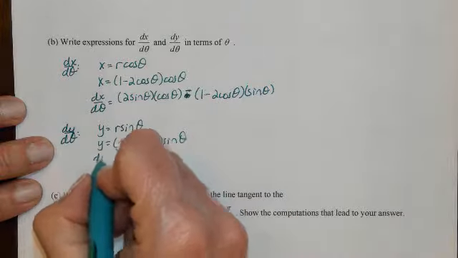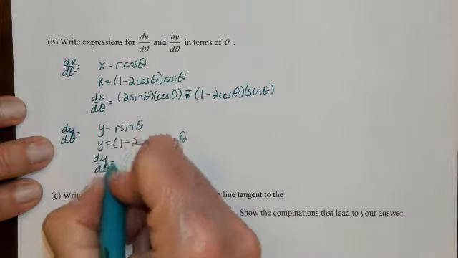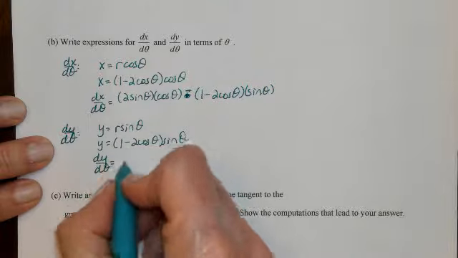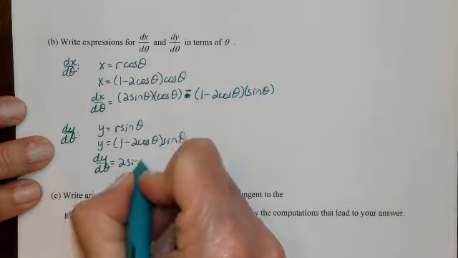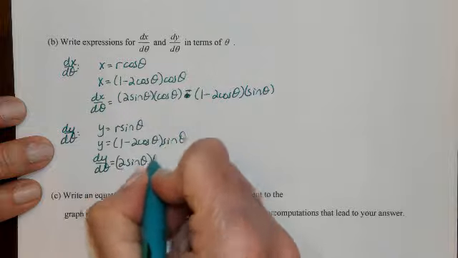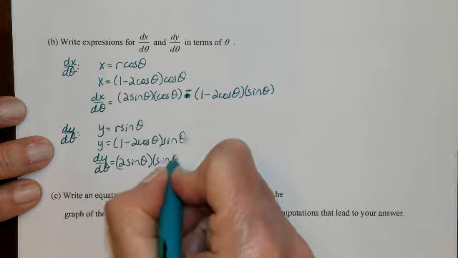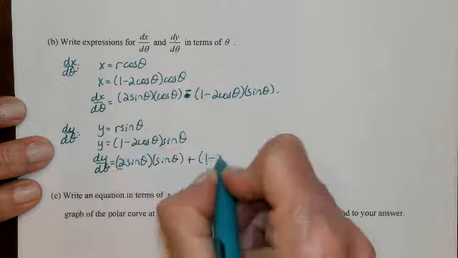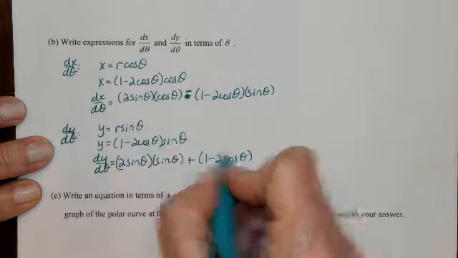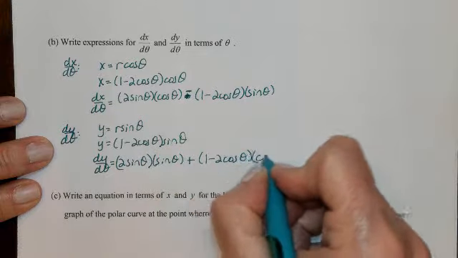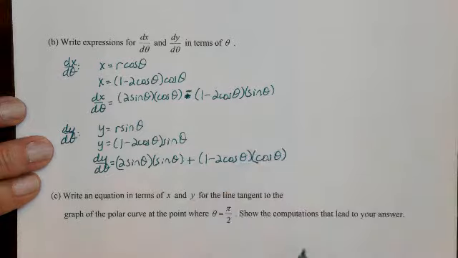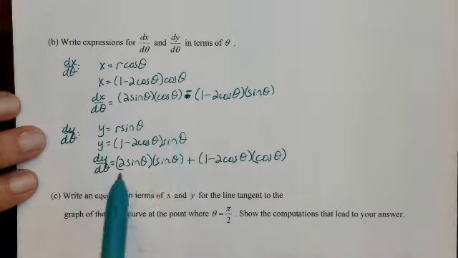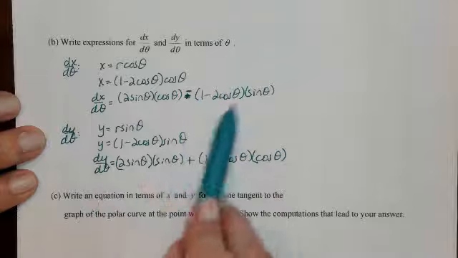And now the derivative with respect to theta will be the derivative of that parentheses, which is still 2 sine theta, times sine theta, left alone, plus, now I'm going to leave this parentheses alone, and multiply by the derivative of sine, which is cosine theta. So those are my expressions for dx d theta and dy d theta in terms of theta.